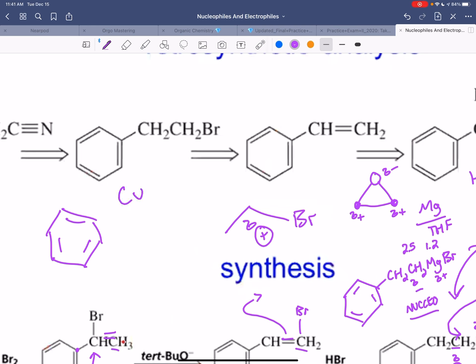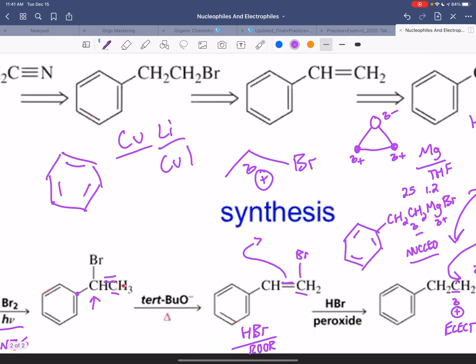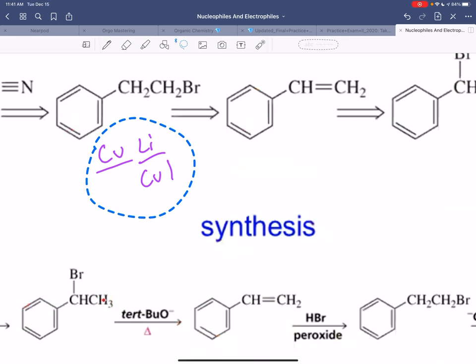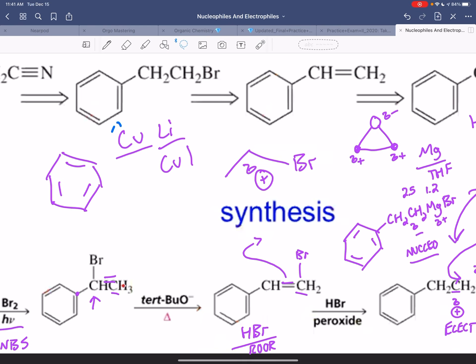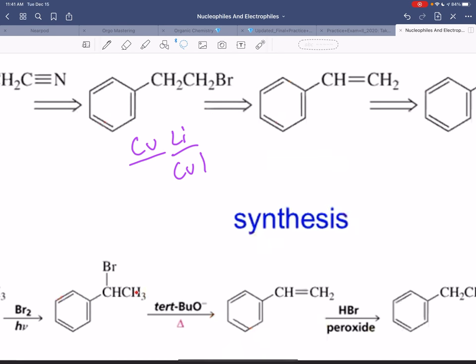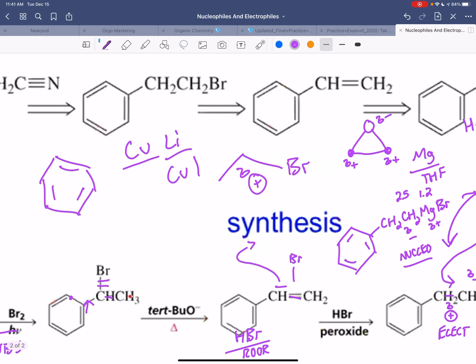The other thing you can add to this, which I think is lithium over CuI, would turn this into an organocuprate. You would still have your CH2, and you'd still have your CH3 in this case.